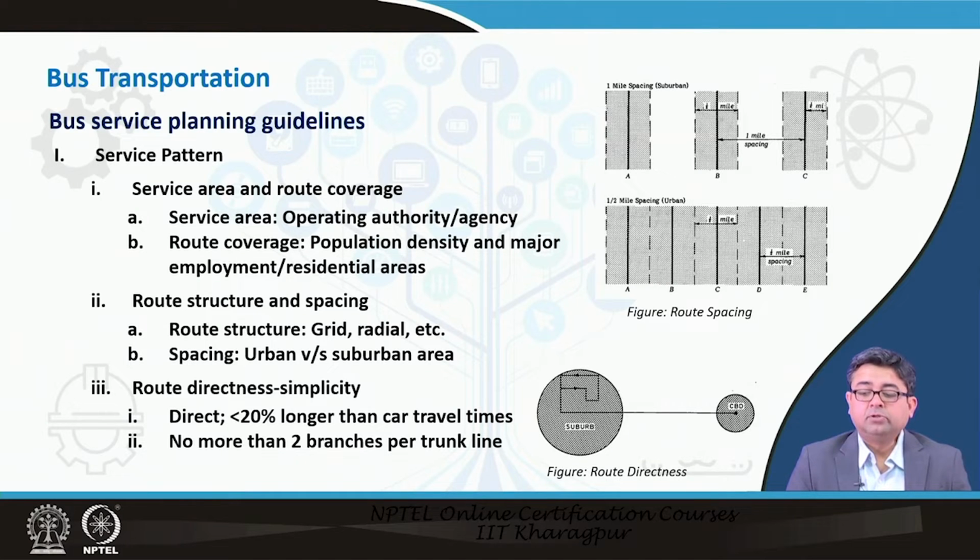And route spacing also: if it is a suburban area, it can be spaced as high as a mile apart, whereas if it is very close to an urban area or to the CBD, usually routes are spaced much closer, less than half a mile apart.